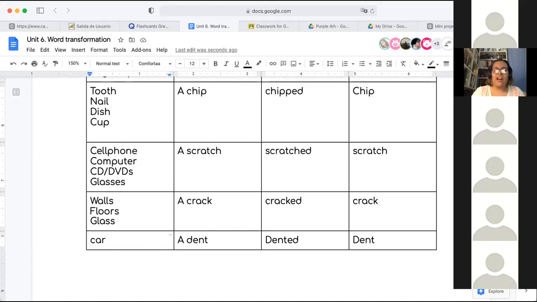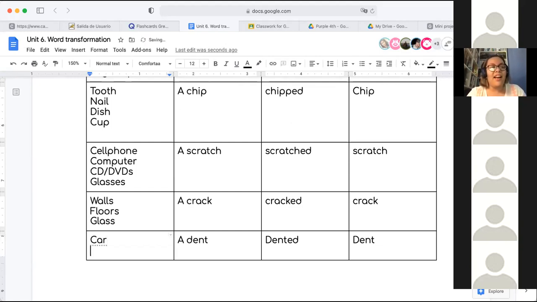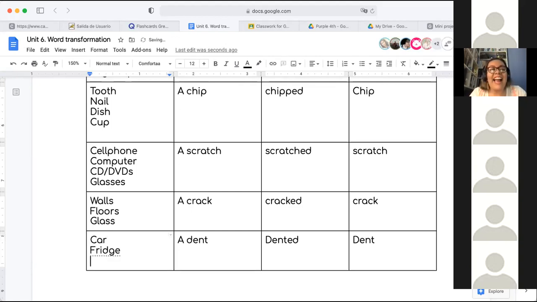Okay, so what else? Refrigerator. A refrigerator, yes, fridge. An apple, when it falls, no? I'm trying to think, to be honest. Fruits, no, because fruits don't become dented.